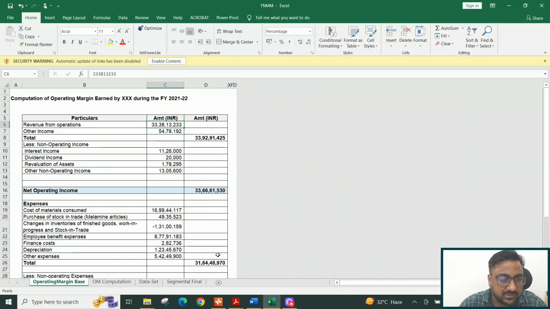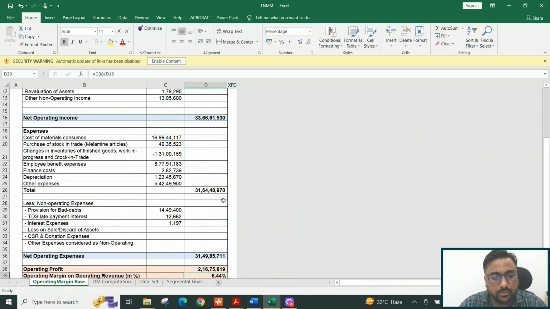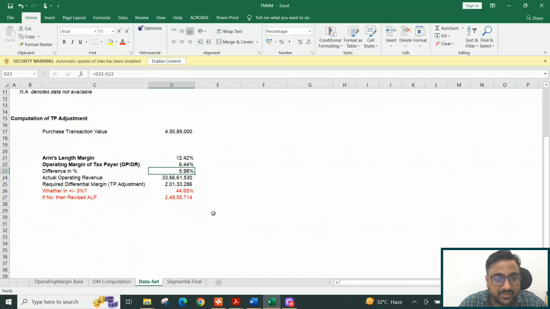That is 6.44%, right? So 6.44% was the operating margin on operating revenue of this taxpayer entity. Now the differential margin that this entity needs to earn is 5.98%, that is the difference between 12.42 and 6.44.